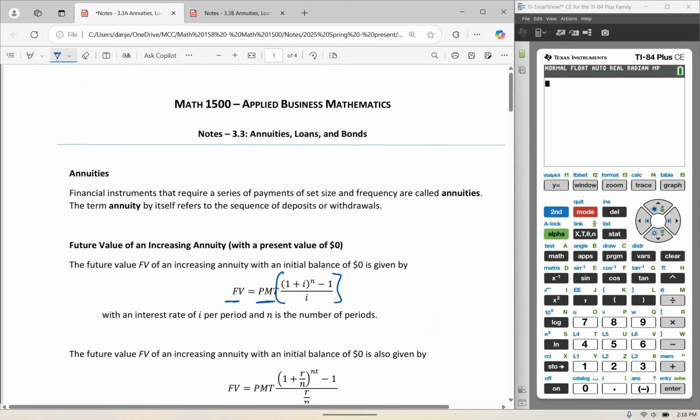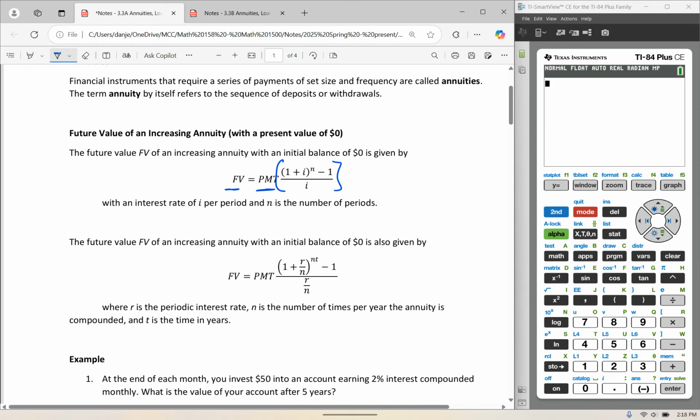Actually, I'm going to look farther down, where I've adjusted the formula: instead of i, it's r over n, where r is the interest rate and n is the times per year that it's compounded. This is the formula I will refer to more: the future value equals the payment times (1 plus r over n) to the nt minus 1, divided by r over n.